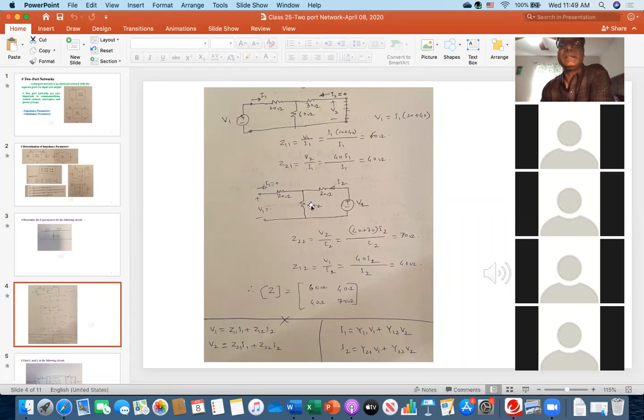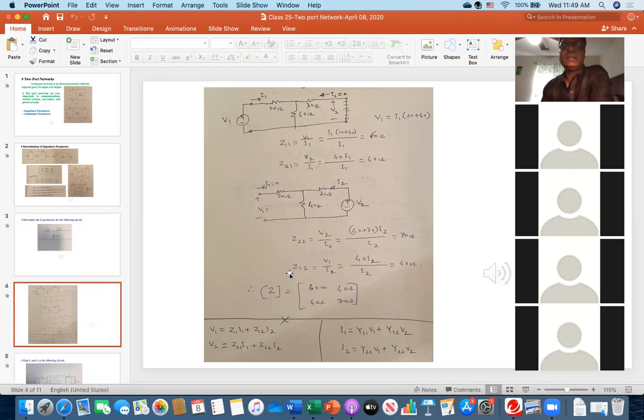Here no current is flowing through the 20 ohm because I1 is 0, so you have to neglect it. You don't need to take it into account. Therefore the equivalent impedance will be 30 plus 40. So V2 is 40 plus 30 multiplied by I2. Therefore I2 cancelled, 40 plus 30 is 70 ohm. That is the result for G22.